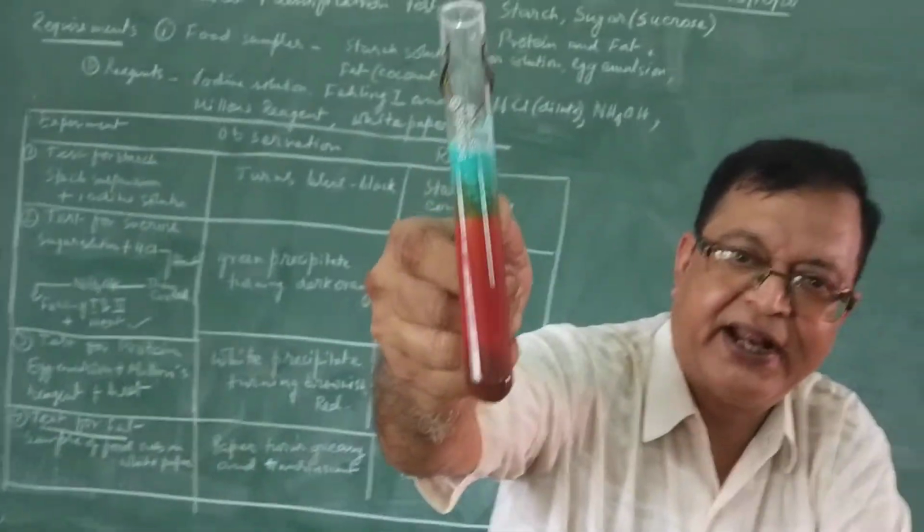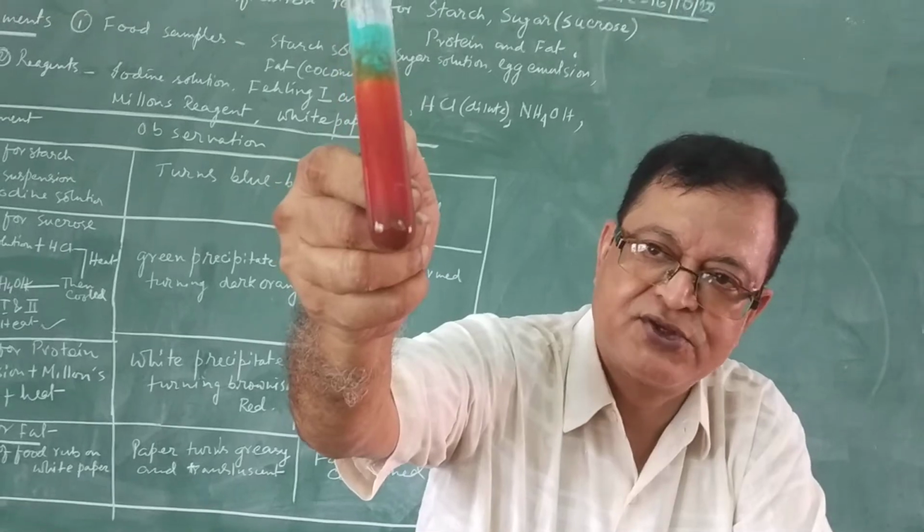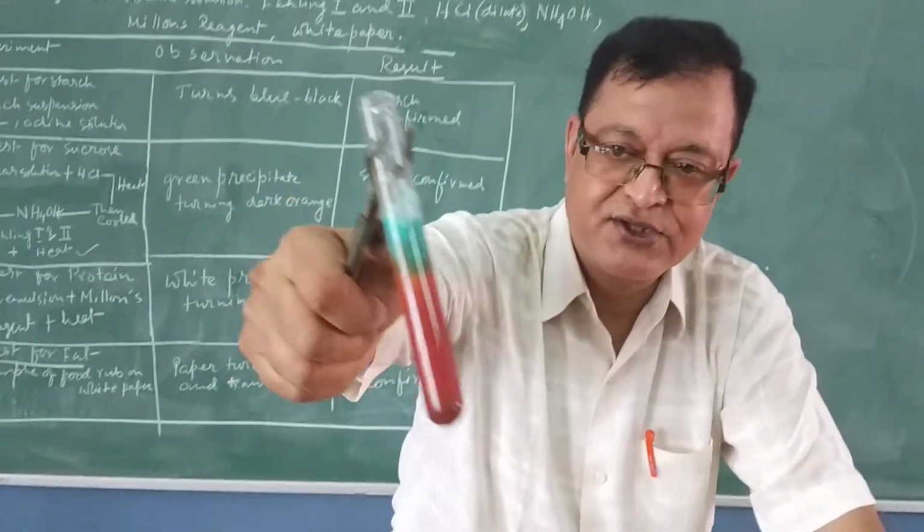This is orange red or brick red. This is the proof of the presence of sugar. So this is the sugar test.